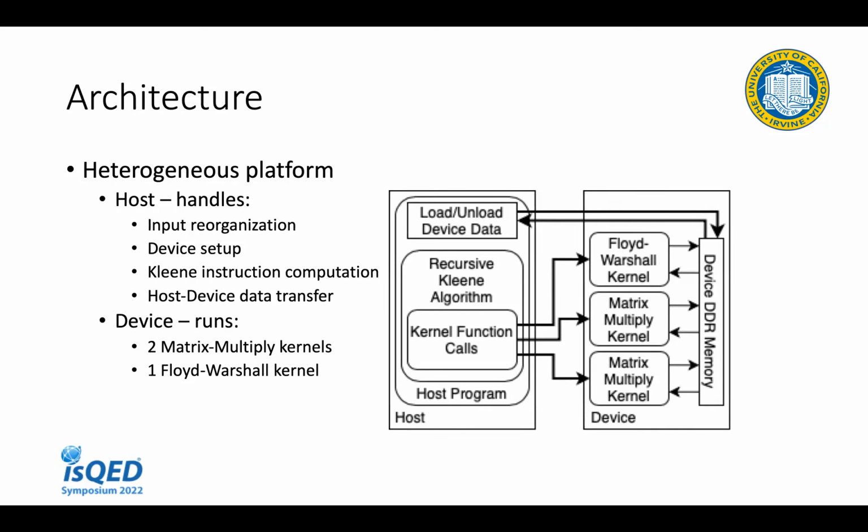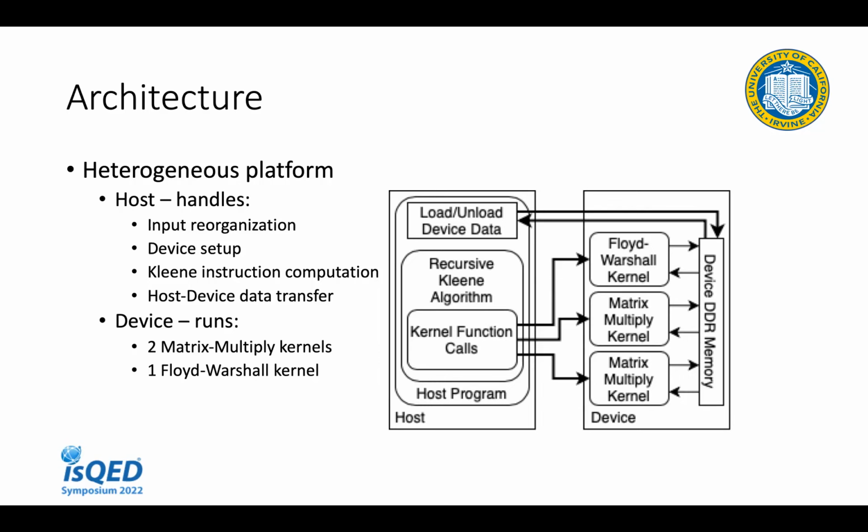For our heterogeneous platform, we decided to choose a typical host device scheme, where our host handles the usual host operations, such as setting up the device and loading all the necessary data onto it. In this case, the adjacency matrix of our graph.